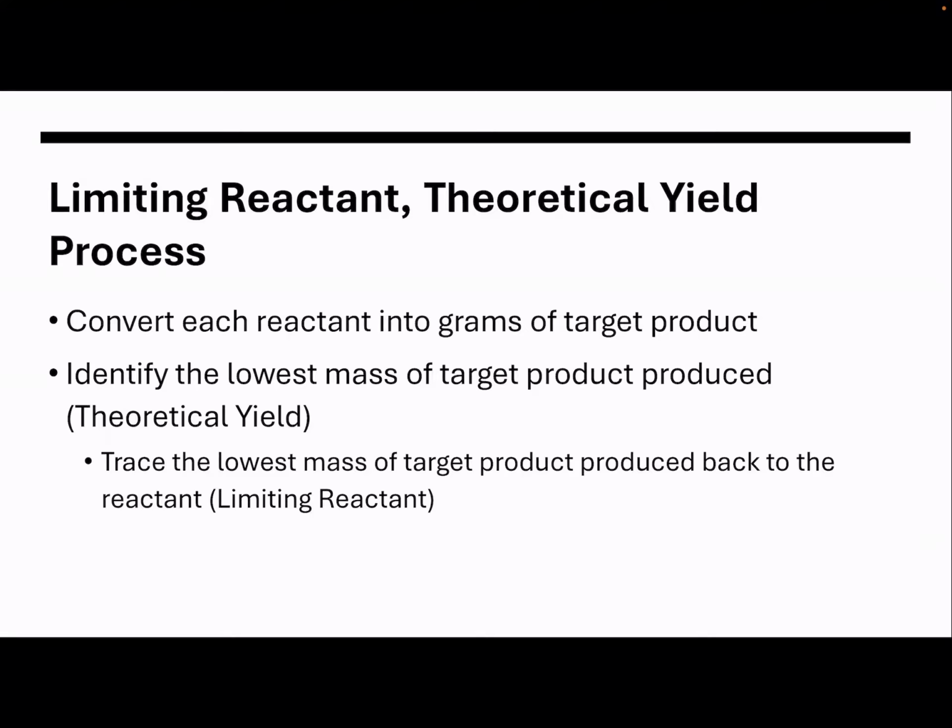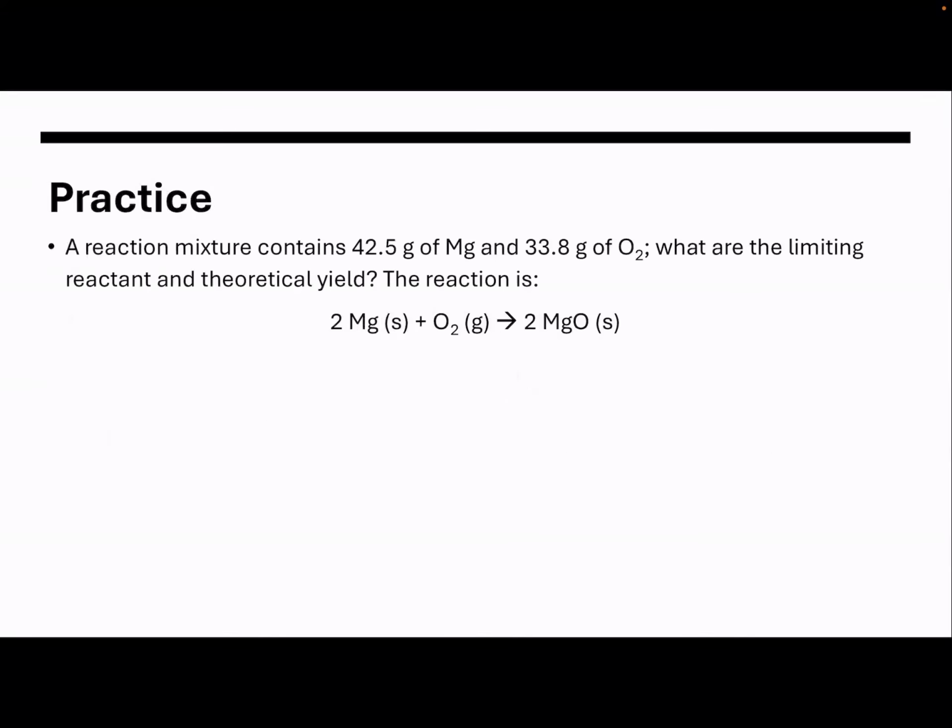You can't make any more product once that limiting reactant has been used up. So let's apply this. A reaction mixture contains 42.5 grams of magnesium and 33.8 grams of oxygen. What are the limiting reactant and theoretical yield?